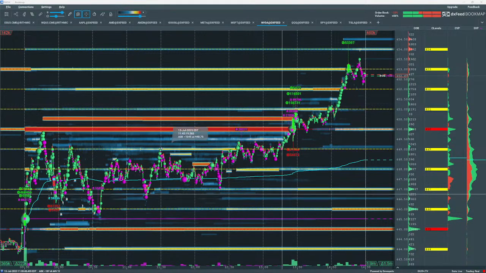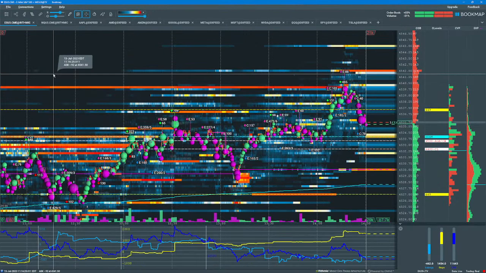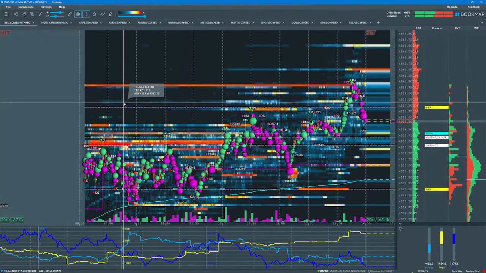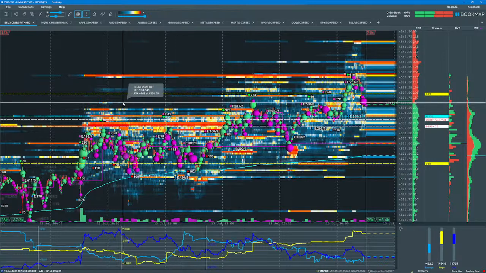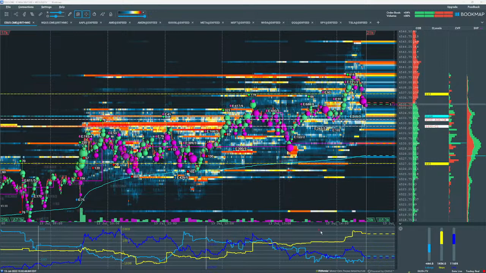All right, my time is just about up. Let's take one last look at the indices. We'll start with the S&P 500. Continues to grind higher in a positive gamma environment. Buy stops shown by the rising yellow line, helping to fuel the move higher.